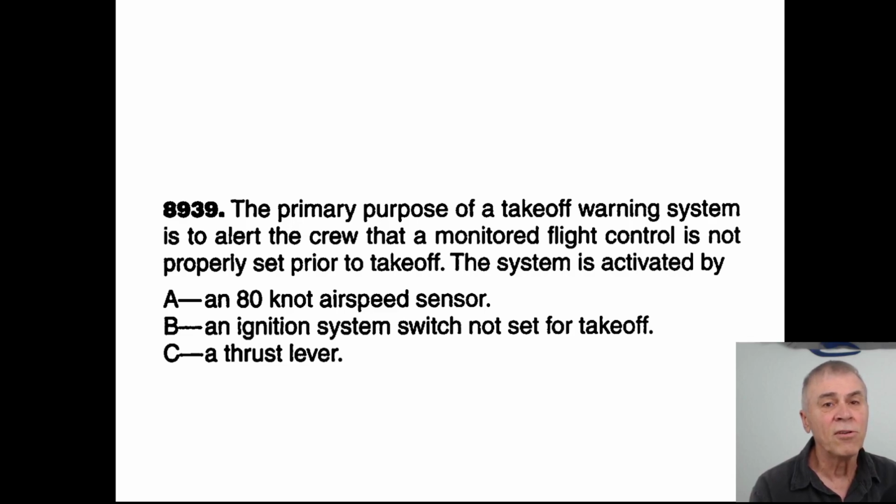The ignition system switch is going to have relatively little to do with takeoff. Certainly, you don't want to keep it off, but once the engine's running, your ignition system switch is going to be the same. So it's only going to be the thrust lever.